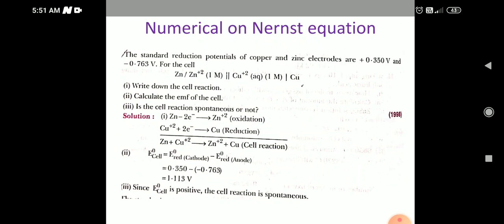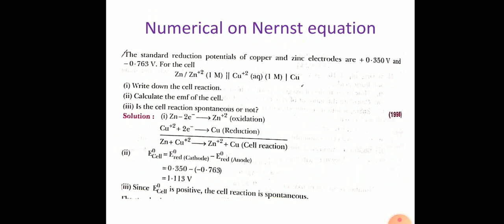Now let us see the numerical, how we can solve it. I have taken a question that came in ISC 1998 to make you understand how we use the equations. The standard reduction potentials of copper and zinc electrodes are plus 0.350 volt and minus 0.763 volt.